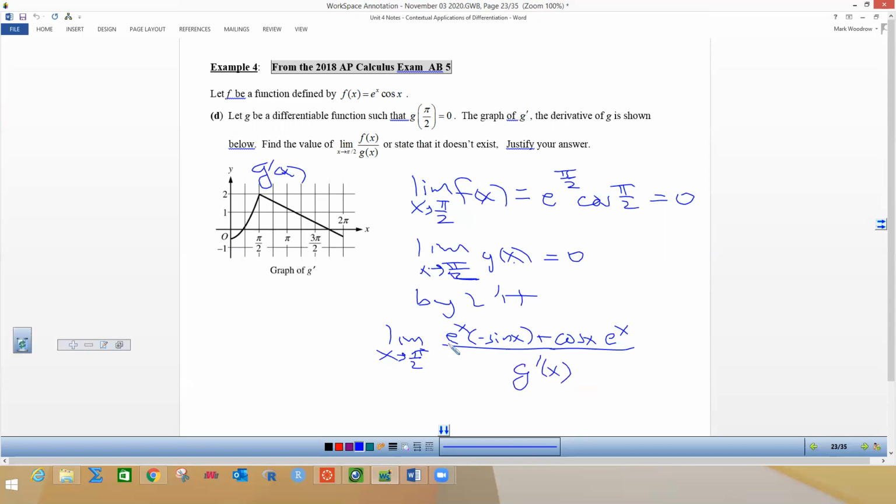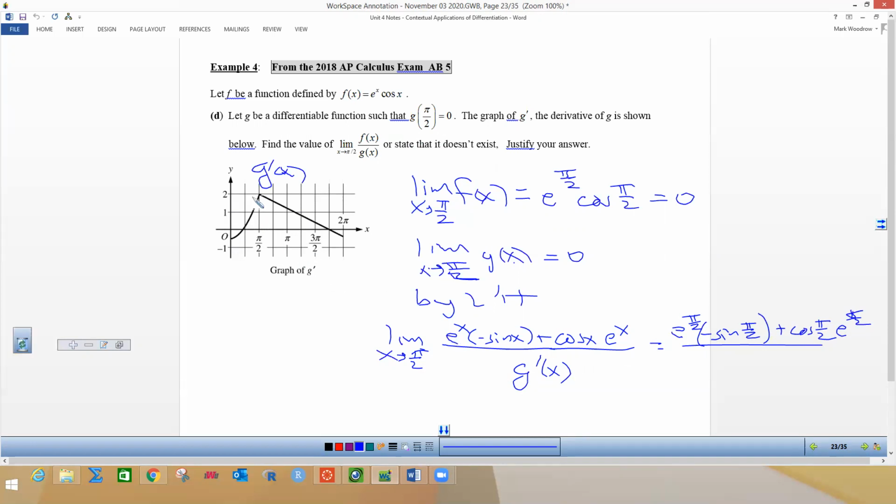Okay, so now we're going to plug in pi over 2 to all these. So you're going to have e to the pi over 2 times negative sine of pi over 2, and then over here we got plus cosine of pi over 2 times e to the pi over 2. And down here on the bottom we got g prime of pi over 2.